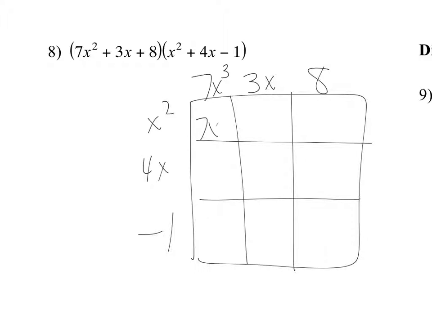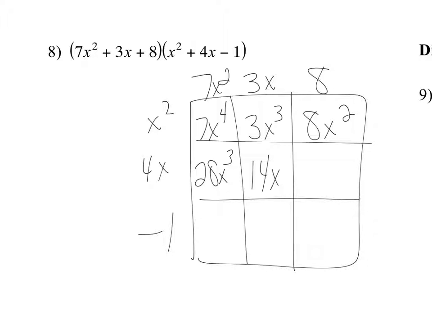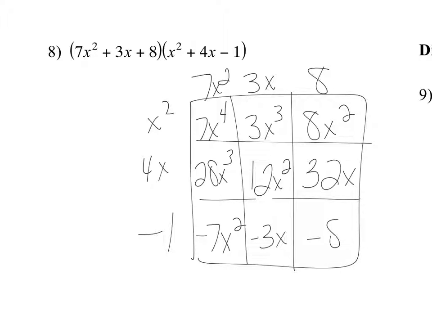Okay, so 7x, that should have been a squared there. 7x to the 4th, 3x, let me just fix that because that annoys me. 3x cubed, 8x squared, 28x cubed, 14. Excuse me, not you, me. 12x squared, 32x, and that -1 just changes the sign of all of those terms.